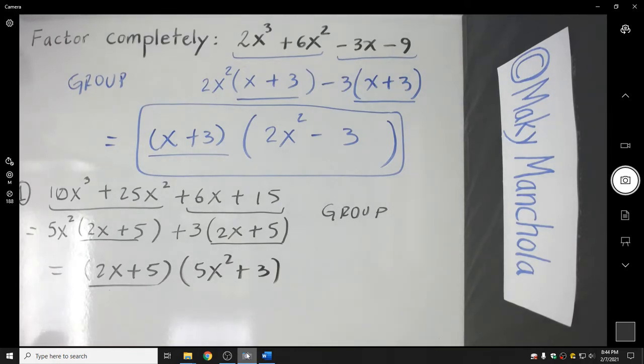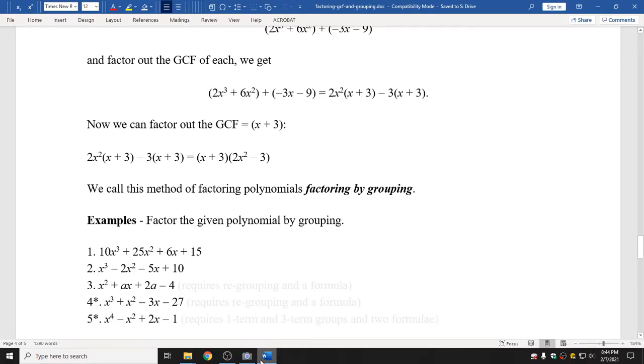Let's try it again. Another example. This time we're going to try factoring x cubed minus 2x squared minus 5x plus 10.